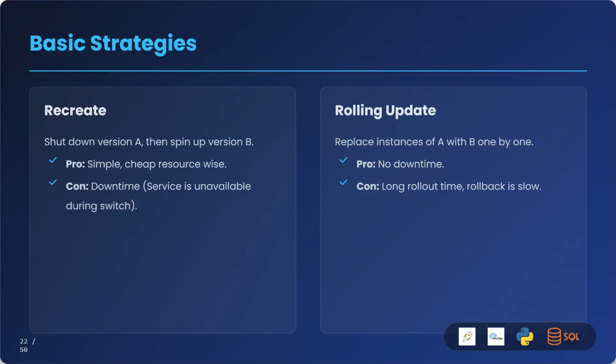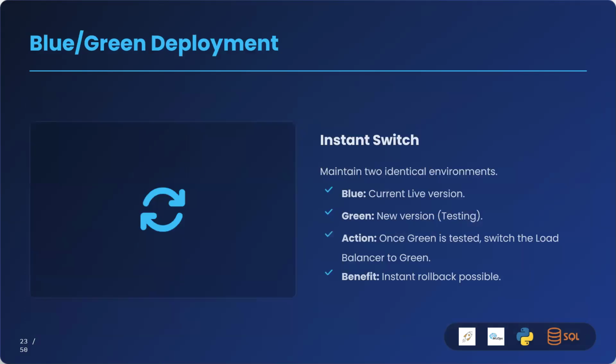But recreate is where you will use version 1 and version 2, and if version 2 is good, then version 1 will be automatically replaced. So downtime is present in the recreate, but in rolling update there will be no downtime. And blue-green deployment, which I was mentioning, is basically like a switch. We will have two identical environments where the blue is the current live version and the green is the testing version.